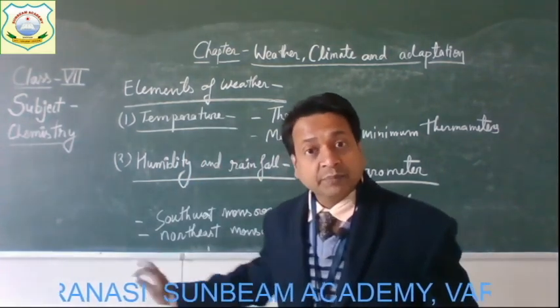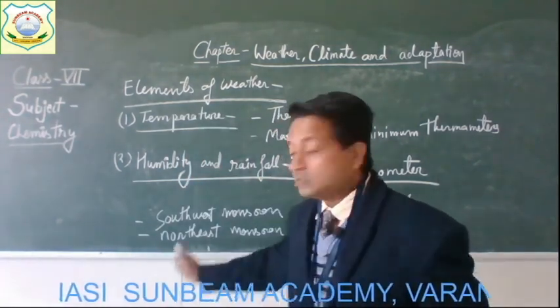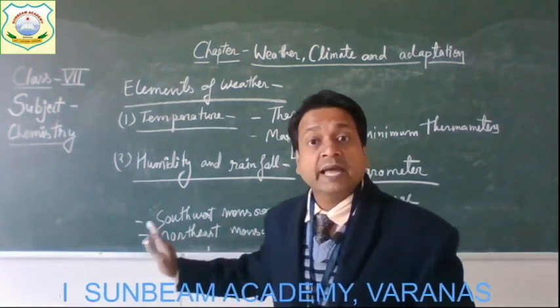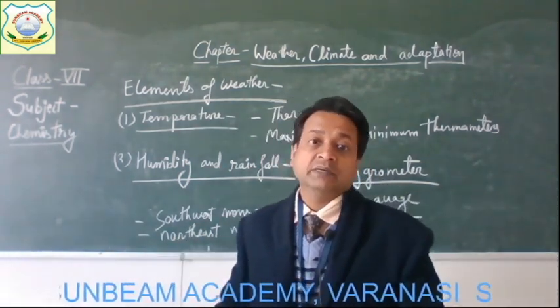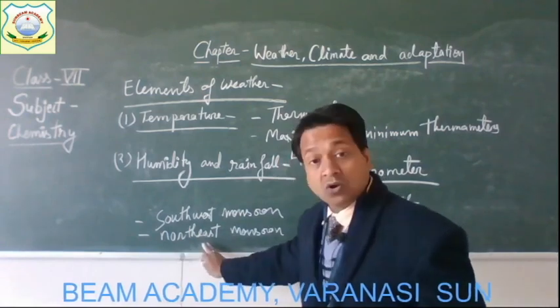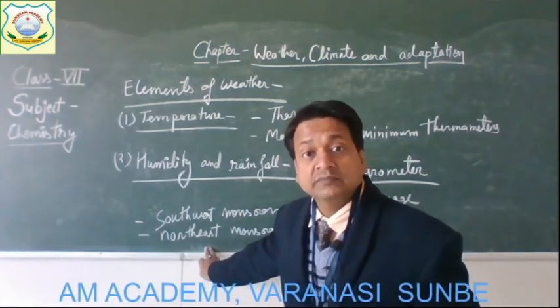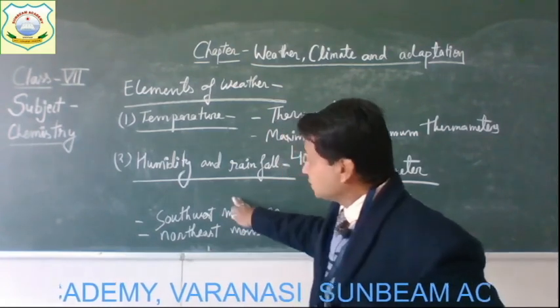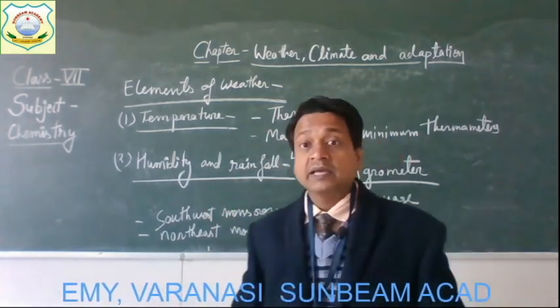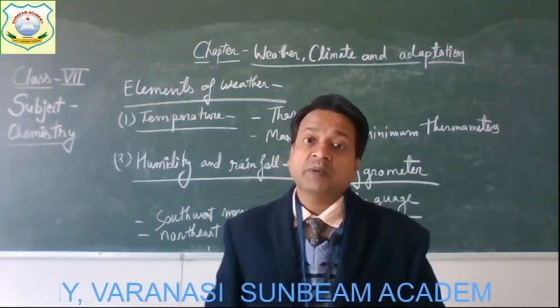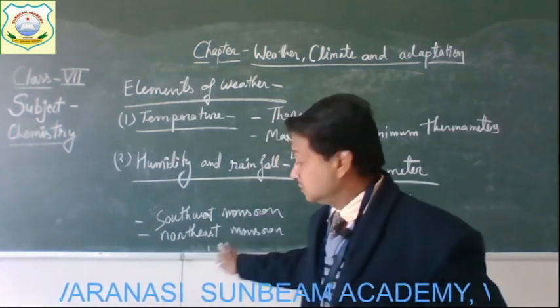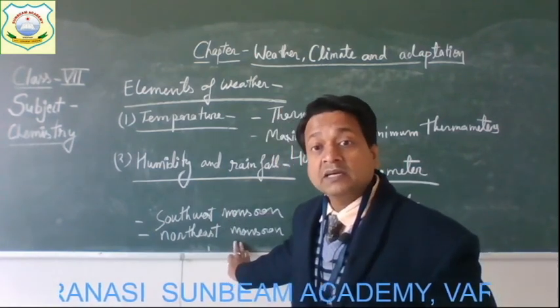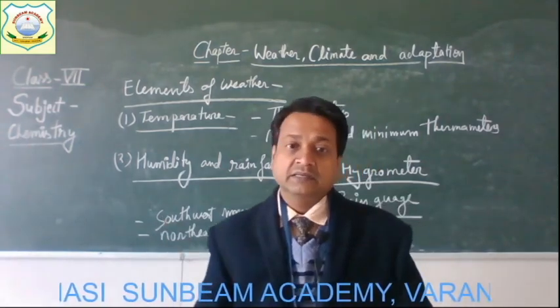And what are the time periods of these two kinds of monsoon? For southwest monsoon, the time period is June to September. And the time period for northeast monsoon is from November to March. Get it? This monsoon brings heavy rain to most parts of our country, and this second one brings relatively lighter rain.